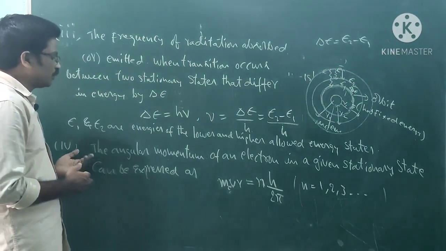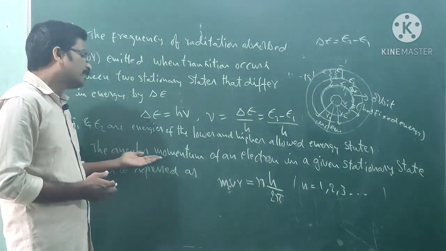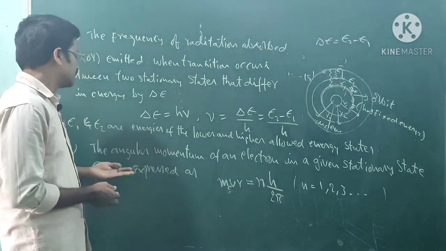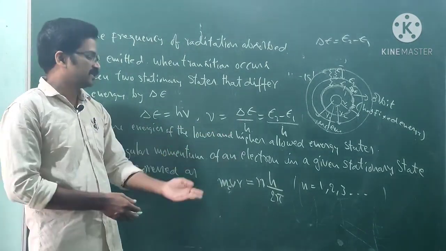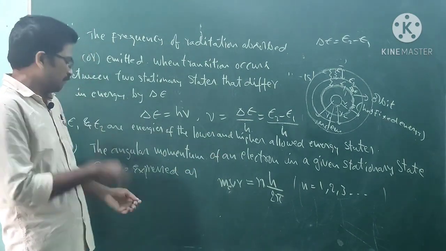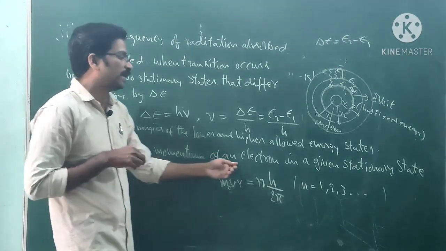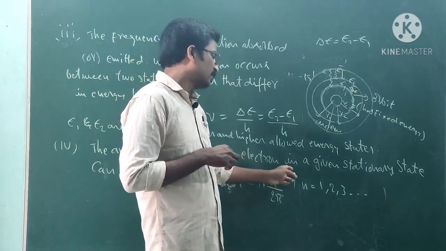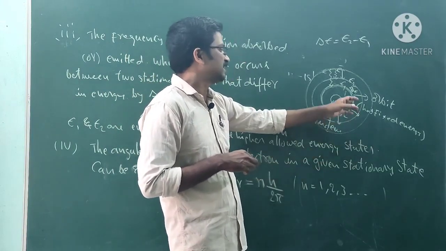Next, the fourth point. The angular momentum of an electron in a given stationary state can be expressed as mvr is equal to nh by 2 pi. Angular momentum of an electron in a given stationary state.